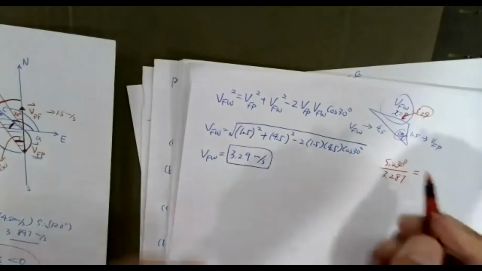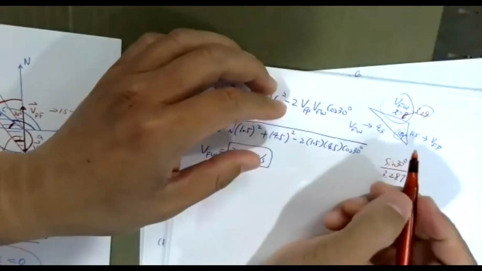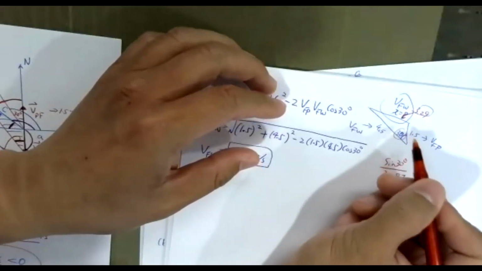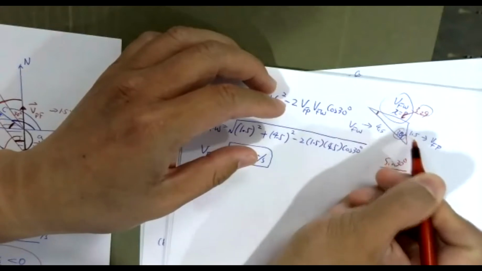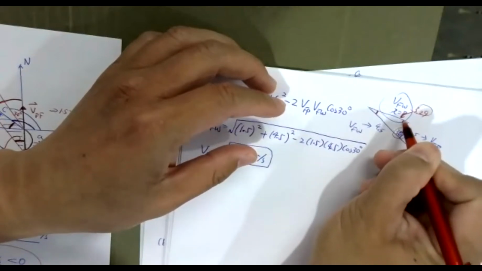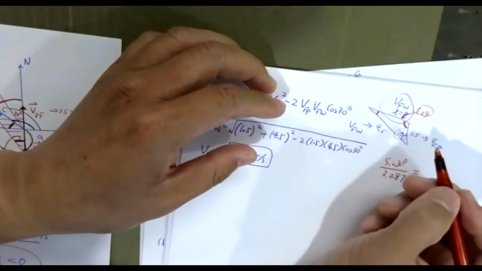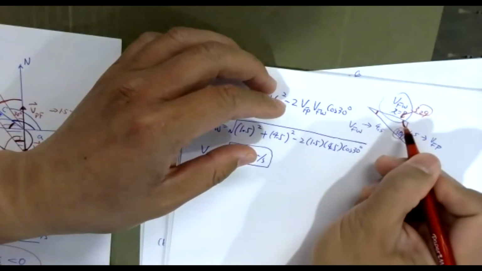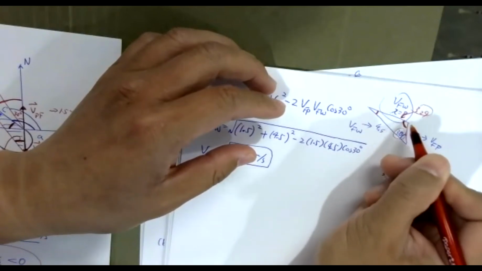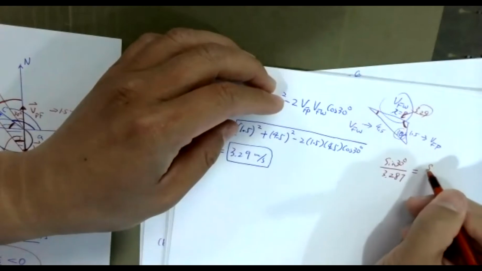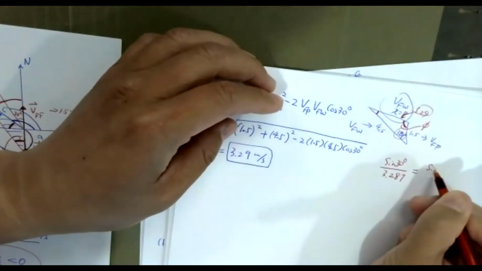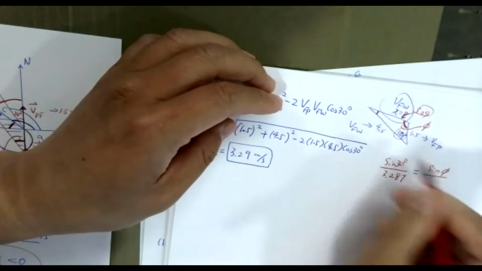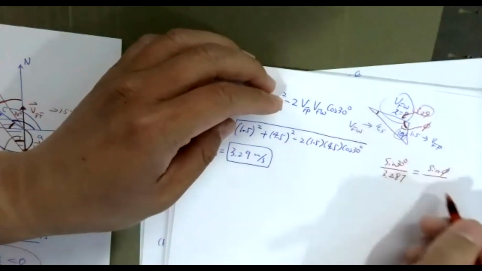Then that should equal sine of this angle over 1.5, or you can use this other one. Either way, I'm going to use sine of this angle, which I call angle phi, sine of phi divided by the opposite side, 4.5.